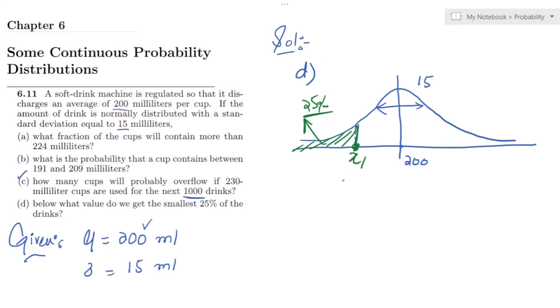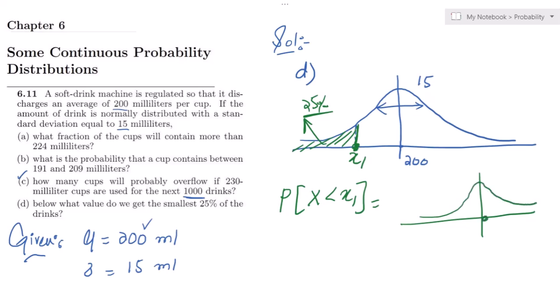So therefore let me have here the standard distribution. If we have x less than x1 in this distribution, then in the Z distribution, the mean value would be 0, the standard deviation will be 1, and here we will have this Z1.